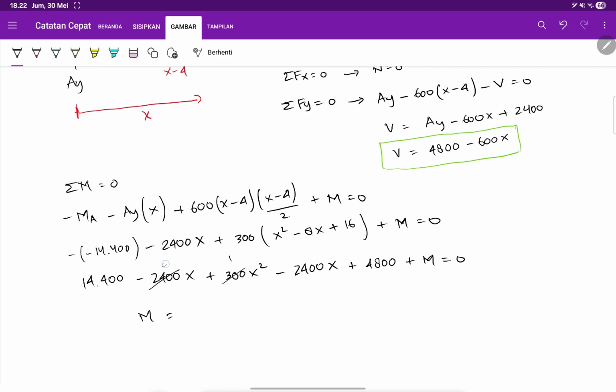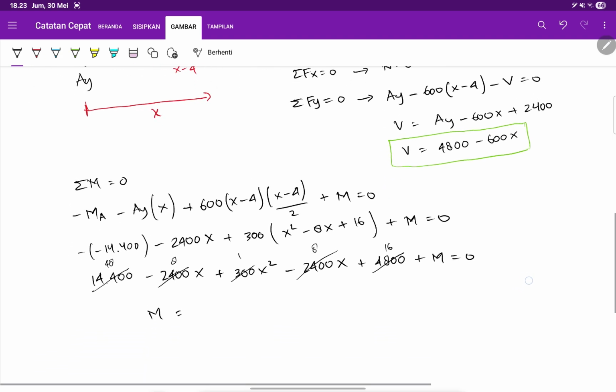This becomes 8. This becomes 48. This becomes 8. This becomes 16. But anyway, there's no 300 here, so I cannot erase. Okay, anyway.